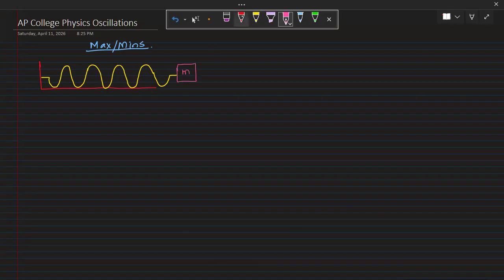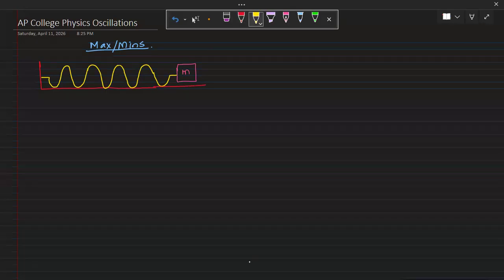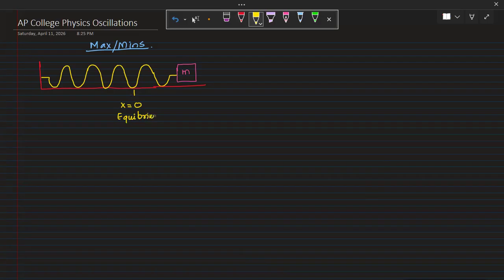Having mass m. And here we can say the distance. This is your equilibrium point, or we call it mean position.